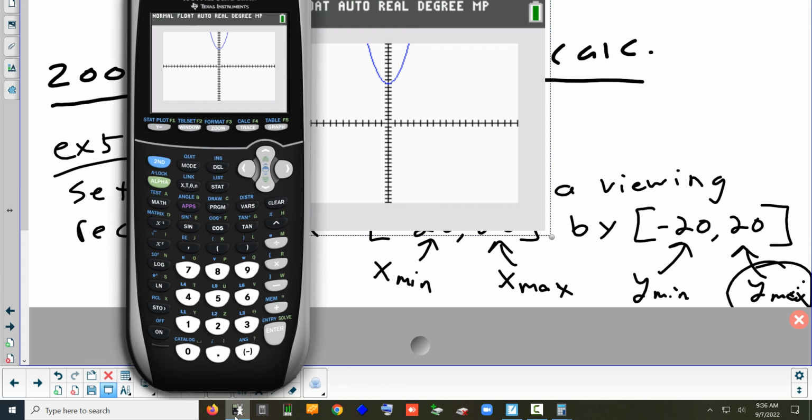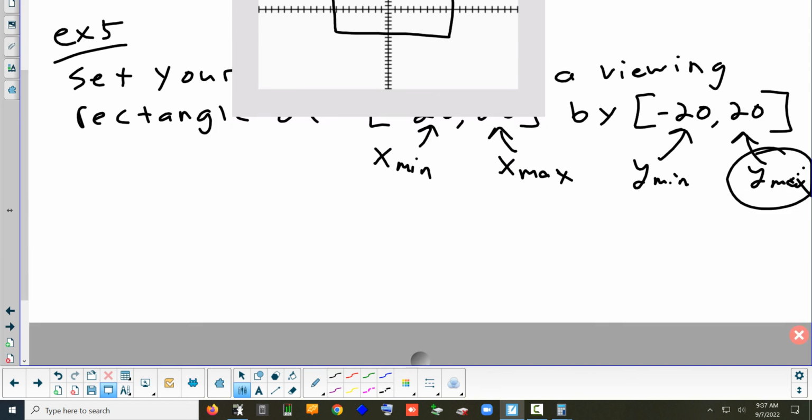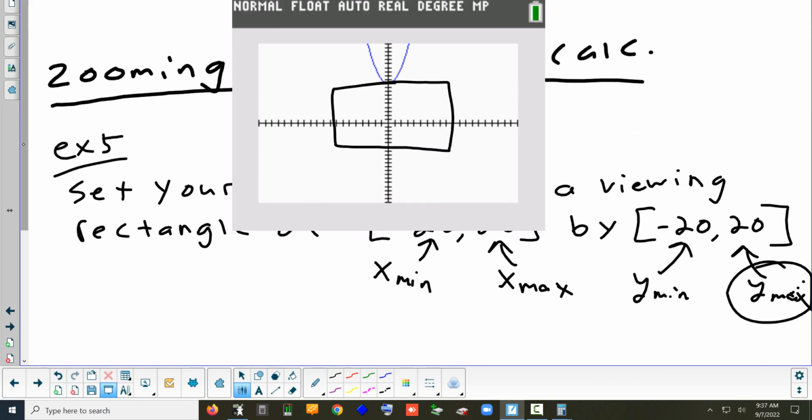So, what we were looking at before basically was this. That was the window. Essentially, we zoomed out so we could see more graph. That's probably the toughest thing about using the graphing calculator, is finding a graph if it's off the screen. There's tricks we can use when we start to learn a little bit more, but that's one way you can do it. You can change your window.